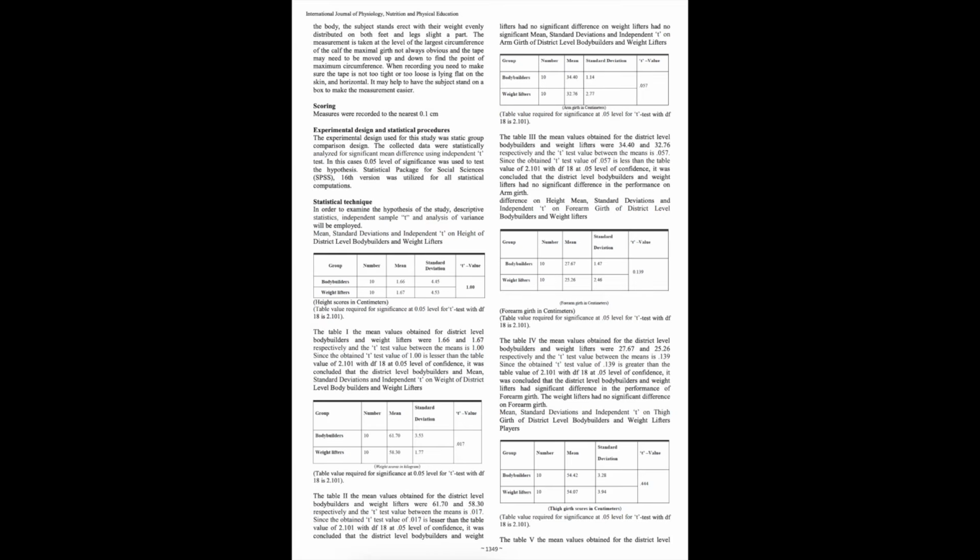And you can see here I'm going to only plot arm, forearm, and thigh circumference. In this study itself, there are 20 participants divided into two categories: first bodybuilders and second weightlifters. And here is the graph.